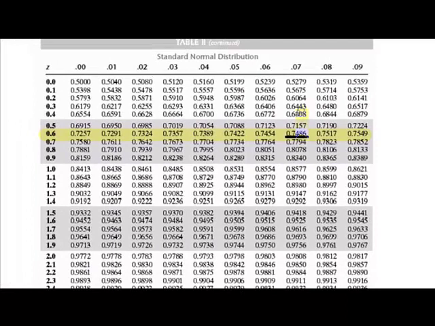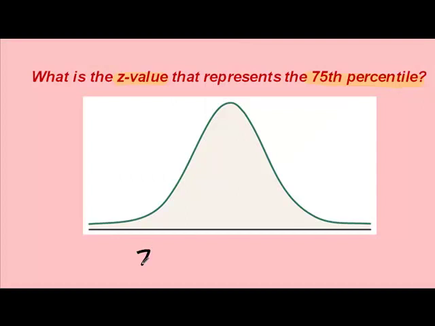Trace that up, and our z-score will be positive 0.67. Positive 0.67 means 0.67 standard deviations from the mean. We know it's going to be above the mean because it's more than half.